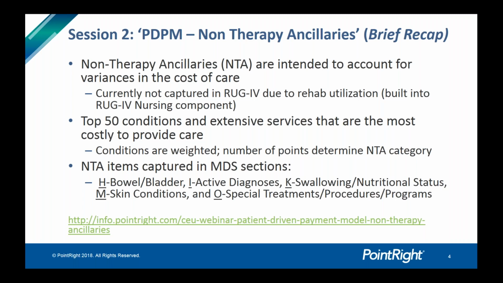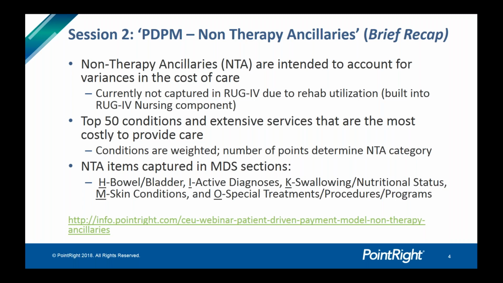You could have two residents that are receiving the exact amount of therapy and have the same ADL levels and even the same diagnoses to a certain extent, but one resident might actually cost more to care for than another based on other characteristics that are inherent to that resident. And in RUG-4, currently that is totally not captured because the basis of the majority of RUG-4 reimbursement, as you know, is how much therapy you're providing for that individual.